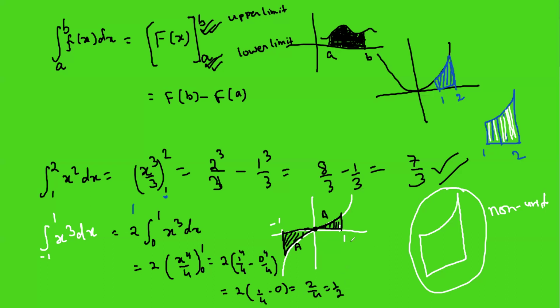So area will be 1/2 for both, right? The figure is not important. I showed this question by using a figure. Your main target is how to integrate and what is the significance of integration. It's an application.